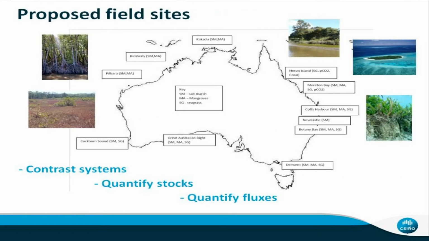There are a number of proposed field sites around the coast, and this gives us the advantage that we can contrast systems, for example, temperate and tropical seagrass beds, as well as quantifying those stocks and the fluxes between habitats. So as sediments flow out of an estuary, through a mangrove, through a seagrass bed, we can actually put all that together.